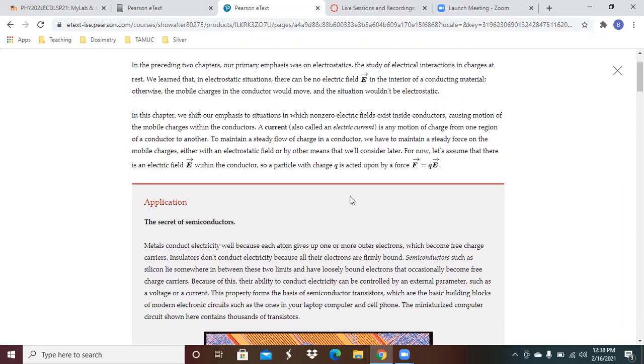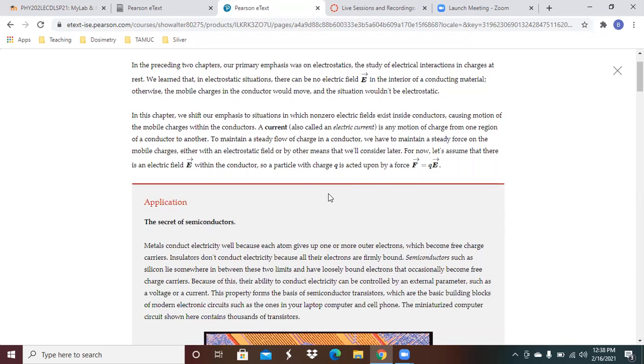A current, also referred to as an electric current, is any motion of charge from one region of a conductor to another. To maintain the steady flow, we're going to maintain a steady force on those mobile charges, either with an electrostatic field or by other means.